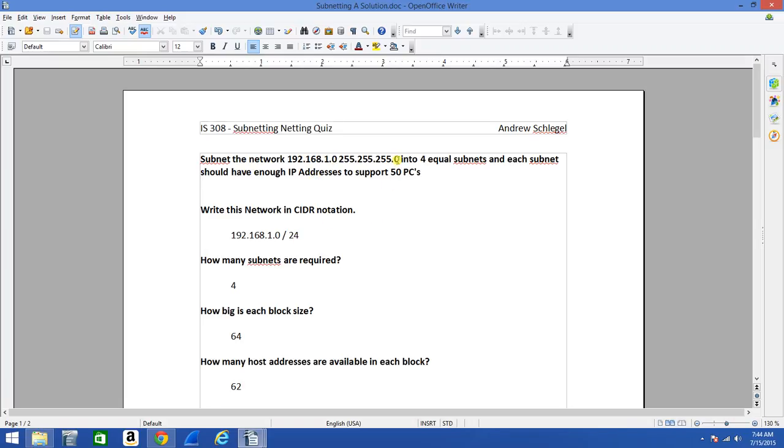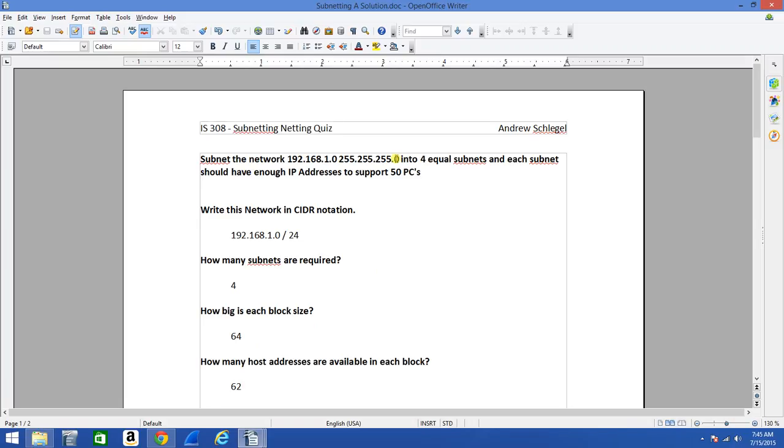But now, what you want to do is actually borrow some of these bits from this space and make them network bits. So out of these 8 bits, if you need 64, how many do you have to take?